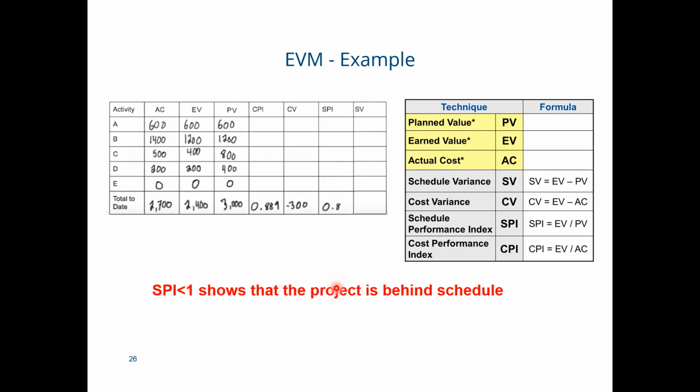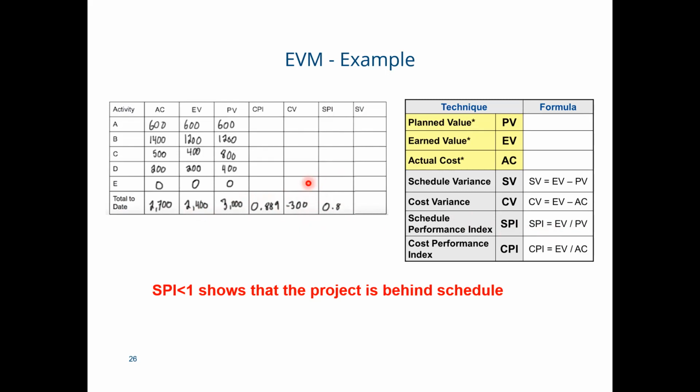The next is the SPI. SPI is the short form of the schedule performance index, which is the ratio of earned value to planned value, and it can be used to estimate the projected time to complete the project. So earned value here we have 2,400, and our planned value is $3,000. So 2,400 over 3,000 gives us this 0.8 value.